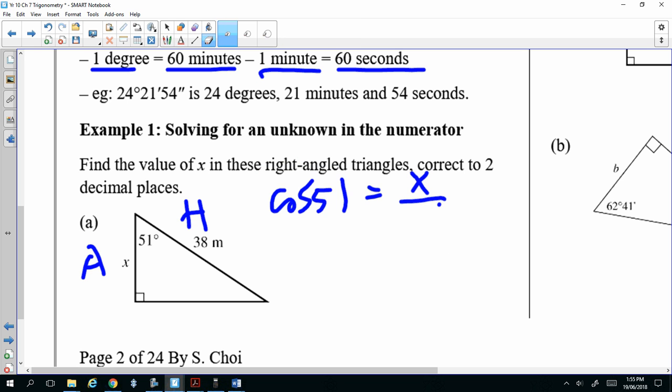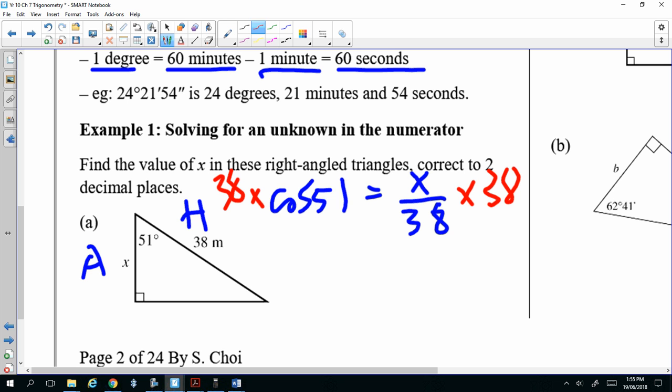So you write down the equation. That's your first step. Then to solve this equation, you multiply both sides by 38. That will cancel the 38 there. So therefore, you find the value of x. x is 38 cos 51, which you have to use your calculator for.